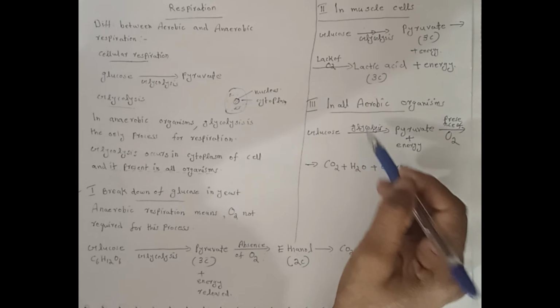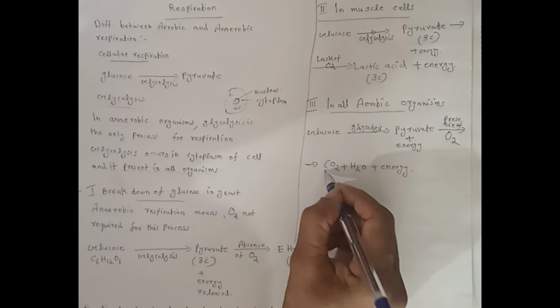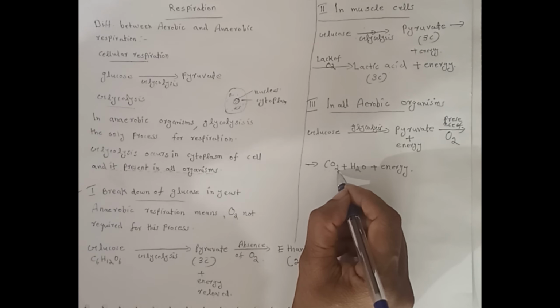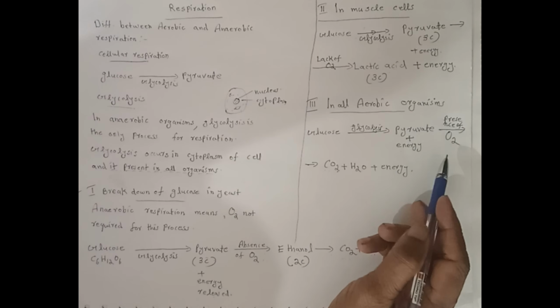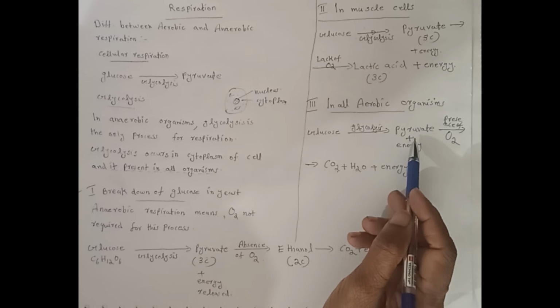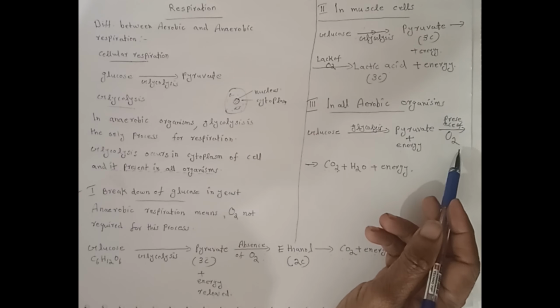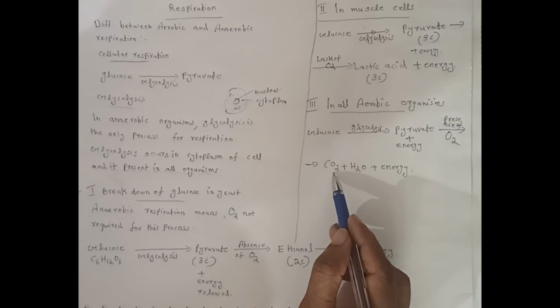Here this is the aerobic respiration. Here we can see the carbon dioxide molecule is one of the end products. In aerobic respiration, there is complete oxidation of pyruvate by stepwise removal of hydrogen, leaving 3 molecules of carbon dioxide.